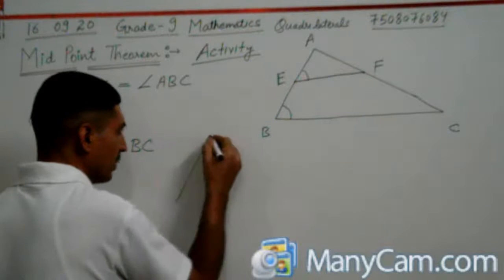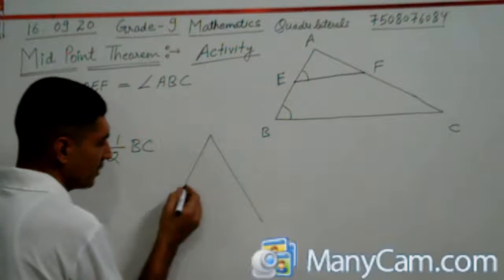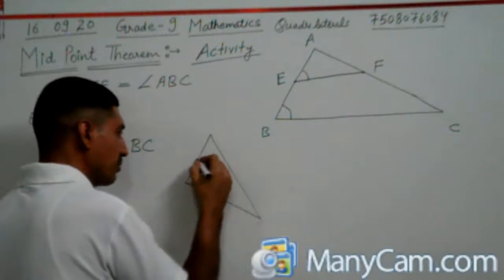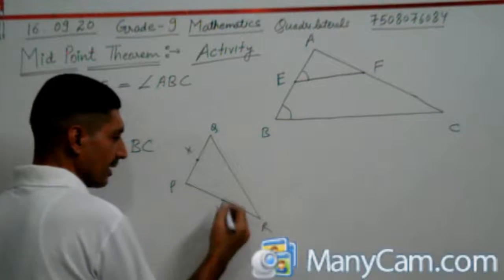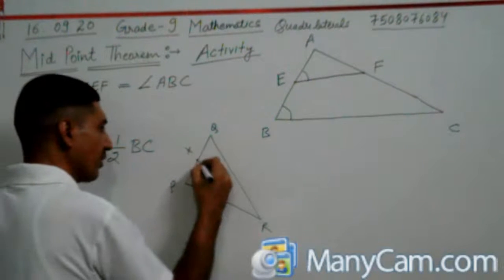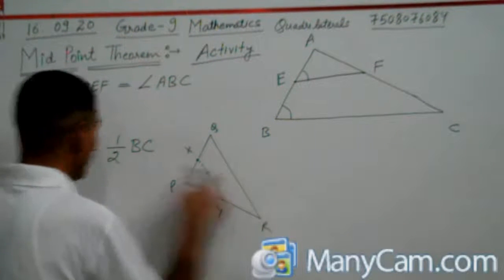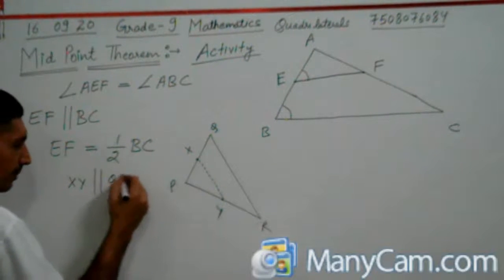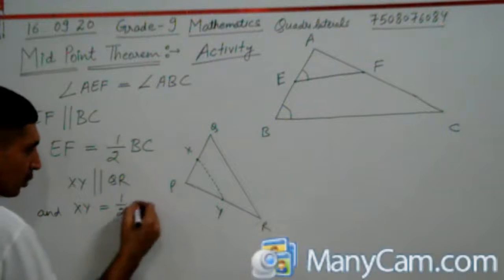If I take one triangle and choose midpoints on two sides, say P, Q, R, and X and Y are the midpoints of these two sides, when I join X with Y, I will find that XY is always parallel to QR, and XY is equal to half of QR.